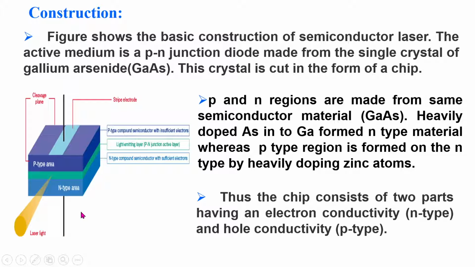So now see here, in this figure we can see this is the N-type region and this is the P-type region. Thus the chip consists of two parts having electron conductivity, that is the N-type, and hole conductivity, the P-type. When these two regions form, there is the formation of the PN junction.